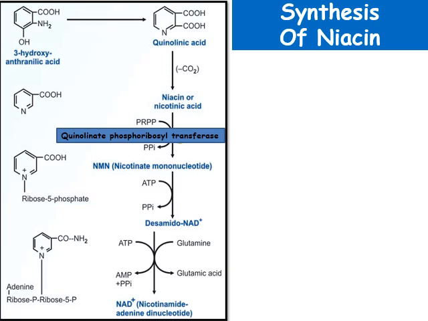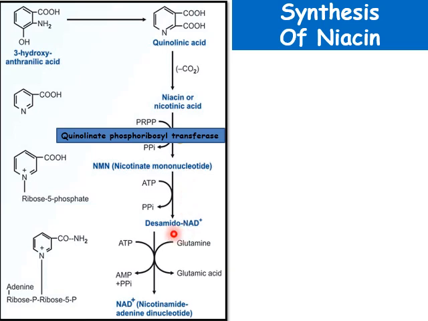As we had seen in the previous slide, this 3-hydroxyanthranilic acid takes an alternate route and is metabolized to quinolinic acid and, by a spontaneous reaction, converted to niacin or nicotinic acid. Then this quinolinic acid reacts with PRPP, phosphoribosyl pyrophosphate, in the presence of quinolinate phosphoribosyl transferase, that is QPRT. It is converted into nicotinic acid mononucleotide.